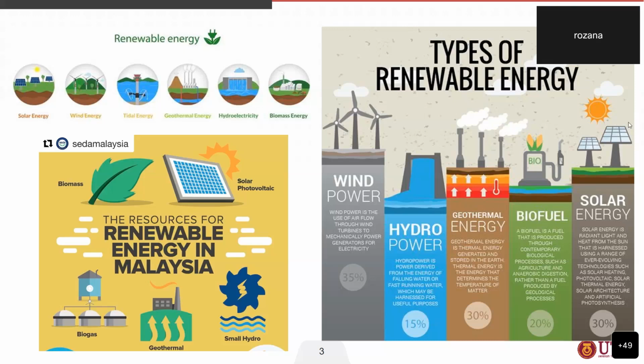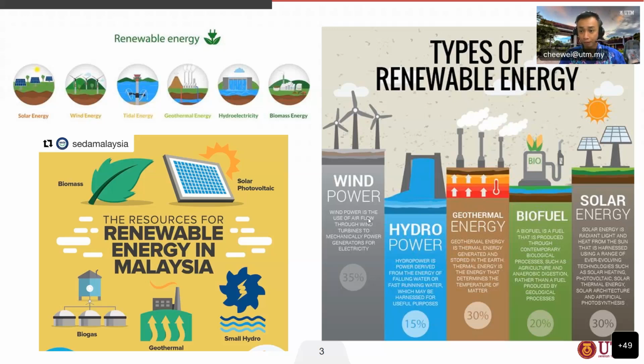We have wind, but the wind speed, the energy is not really strong. Yes, the keyword here is the wind velocity. The wind velocity in Malaysia is rather soft and slow, so it's not enough to power up a wind turbine. So we do not have wind power in Malaysia.